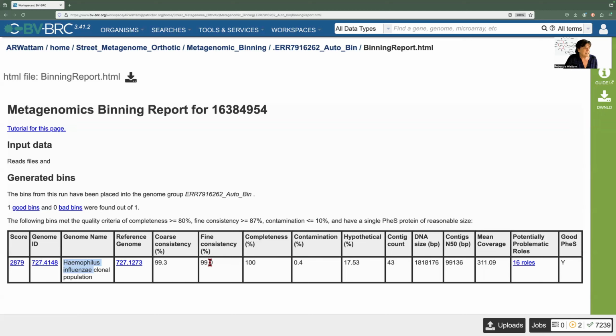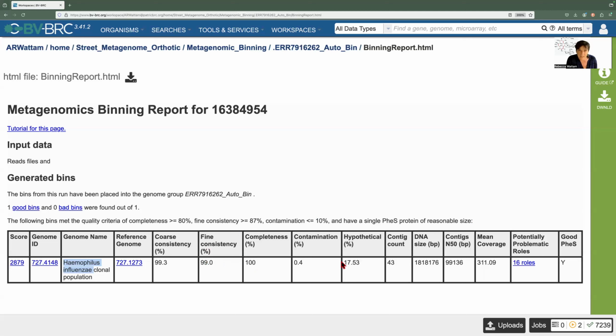Fine consistency. If the number is high, as we mentioned earlier, it indicates a good bin. And so this is an indication of that. Completeness and contamination. Both of these scores are determined by two different algorithms that the programmers developed, EvalG and EvalCon.